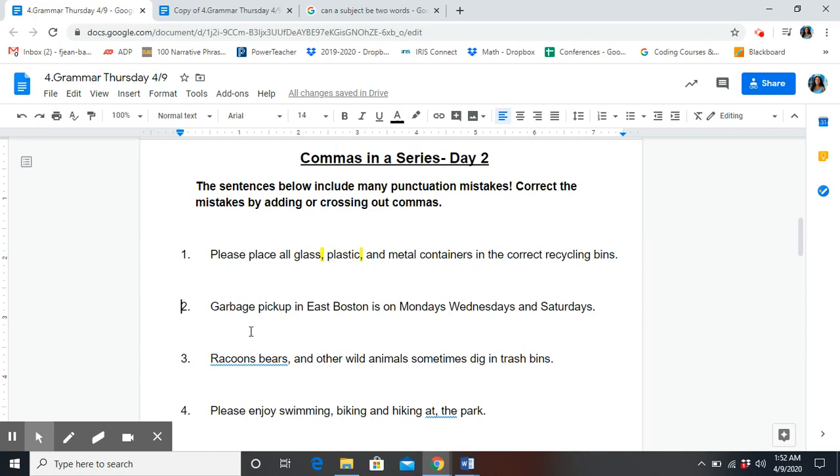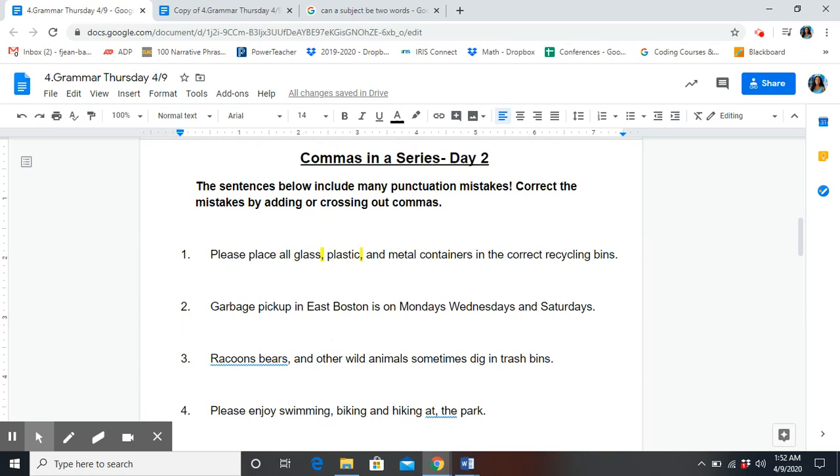Sentence number 2. Garbage pickup in East Boston is on Mondays, Wednesdays, and Saturdays. Think about what our subject is. That's right, pickup. What are the items in a series that are describing the pickup? That's right, Mondays, Wednesdays, and Saturdays.